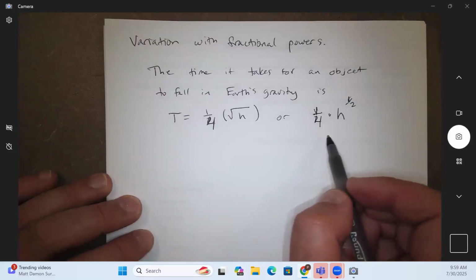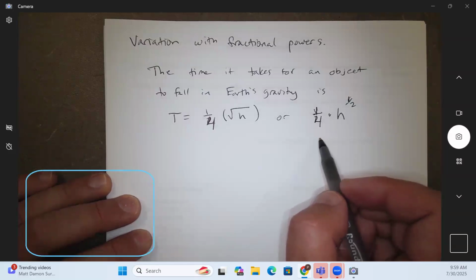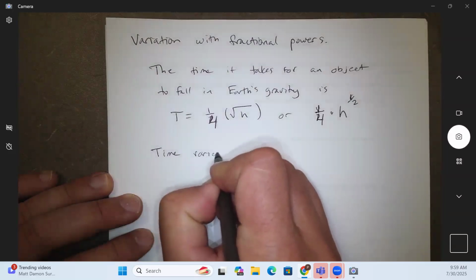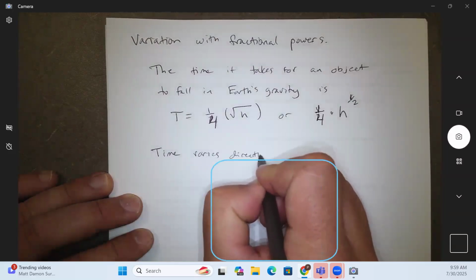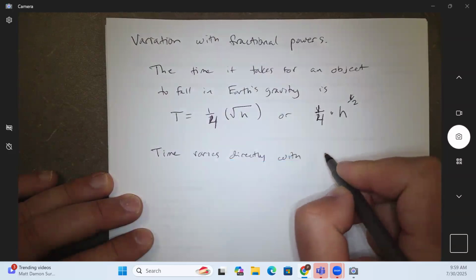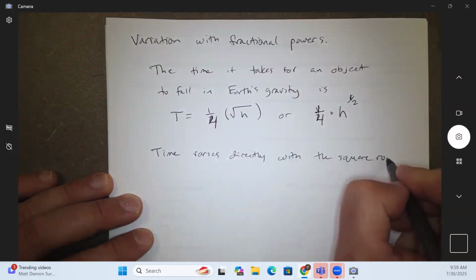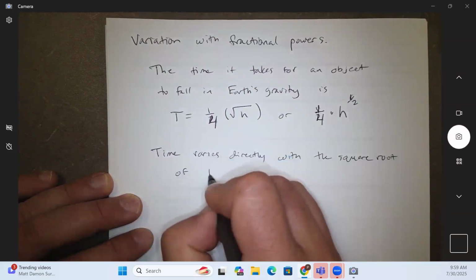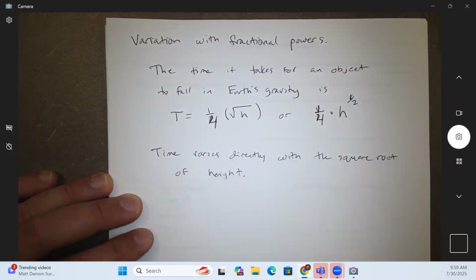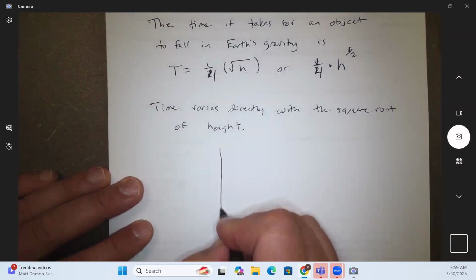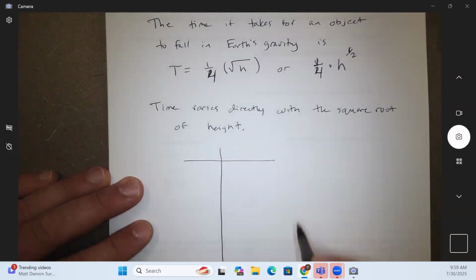This is still a variation question. All right, so you would say time varies directly with the square root of height. So let's build up a table that is gonna make a little bit of sense.